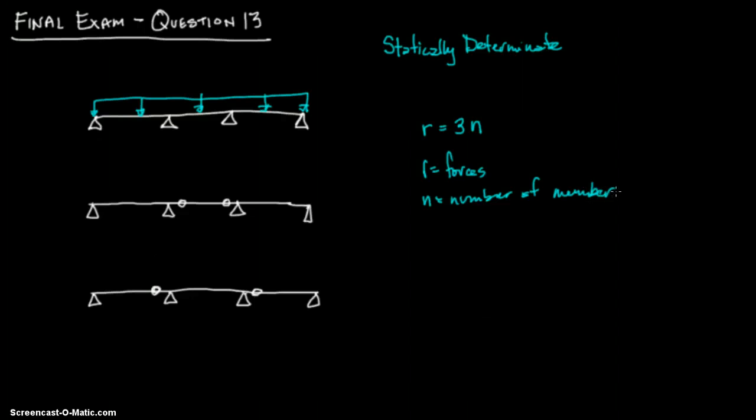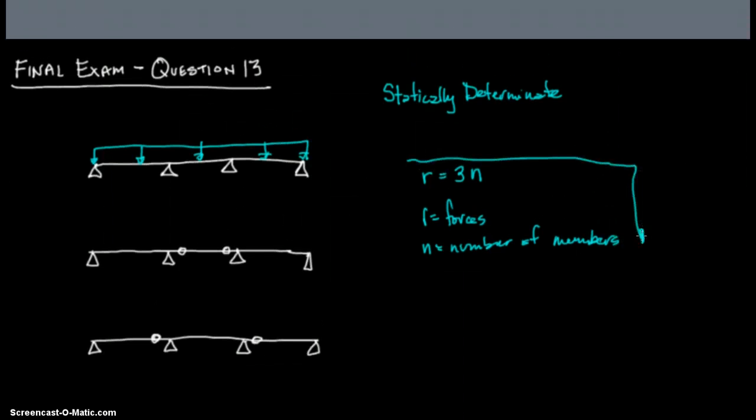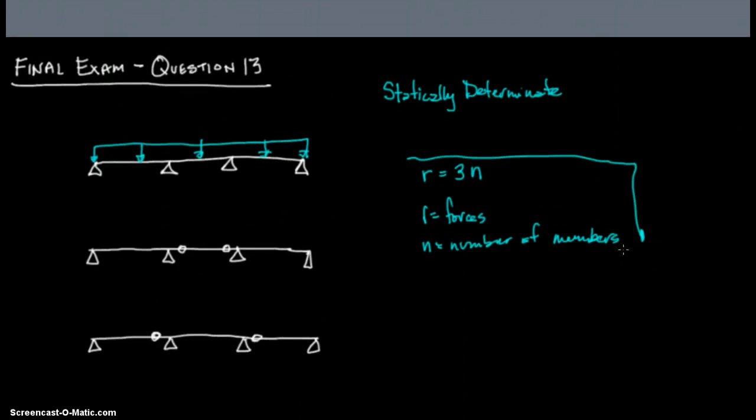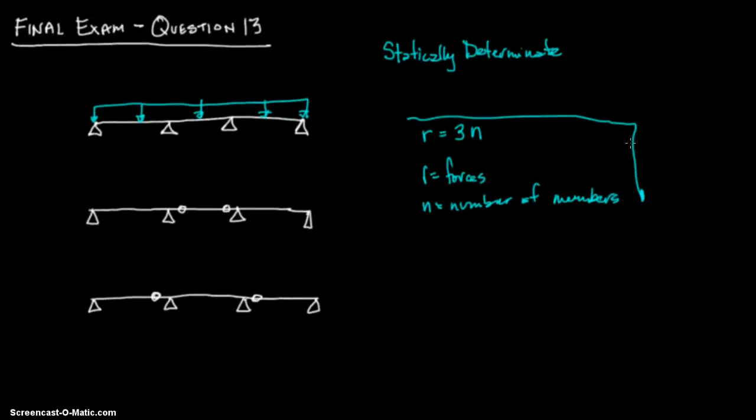I think this problem is pretty darn hard, in my opinion, because it's not this straightforward equation. Let's go back up. If it were just this straightforward, you could use this equation. That'd be fine, but it's not, and that's what makes it more difficult.